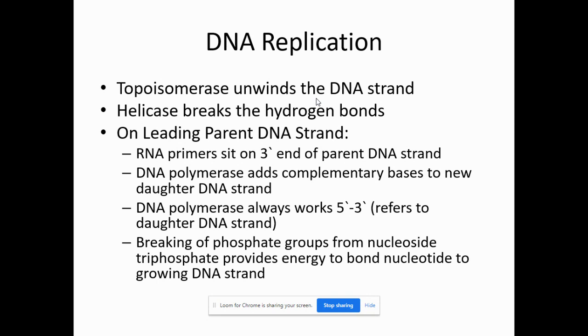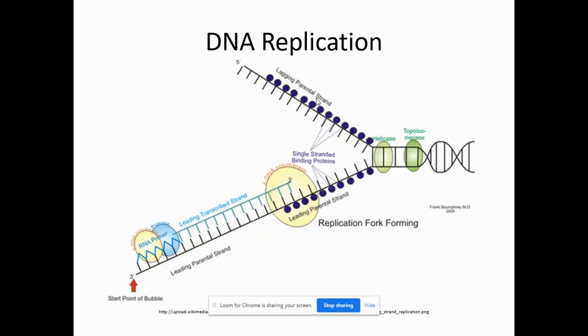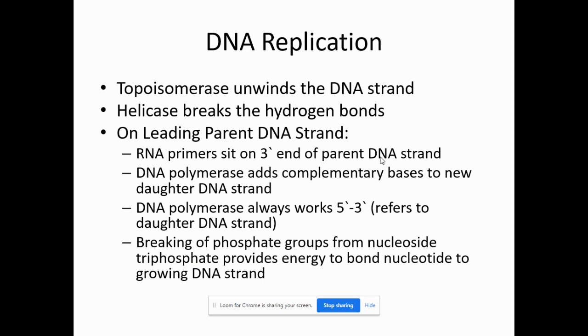Before we even get into leading and lagging, some enzymes come in first. Here you have topoisomerase and helicase, and we know they're enzymes because they end in that suffix -ase. Topoisomerase unwinds the DNA strand.